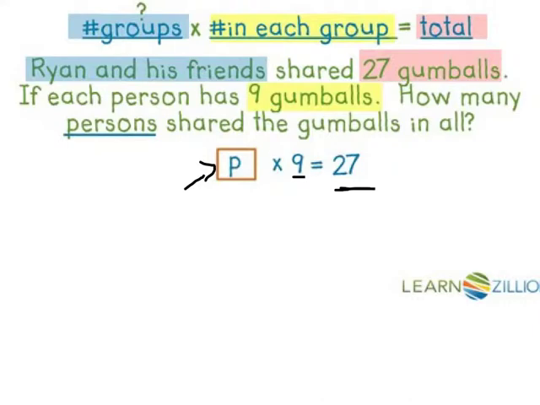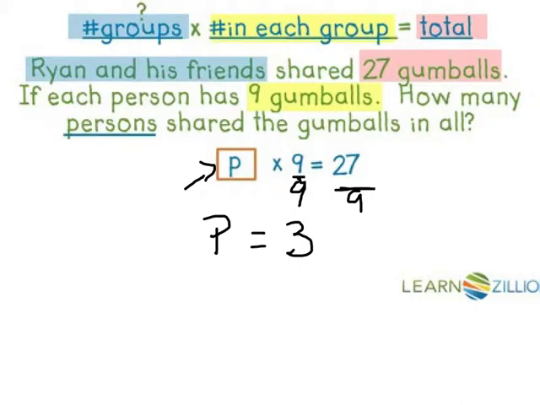Alright, well, if we work backwards, like working an equation, if we divide by 9 on both sides, then we have P equals, and 9 over 9 equals 1, and 1 times P is 1P. 27 divided by 9 is equal to 3.